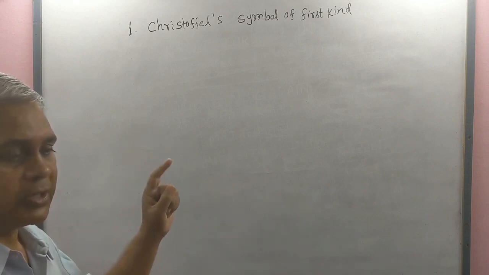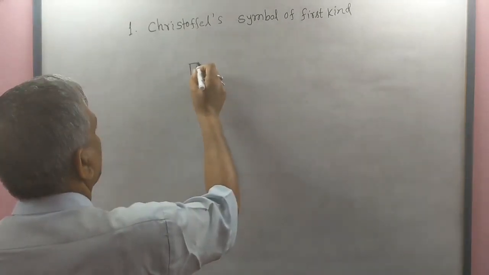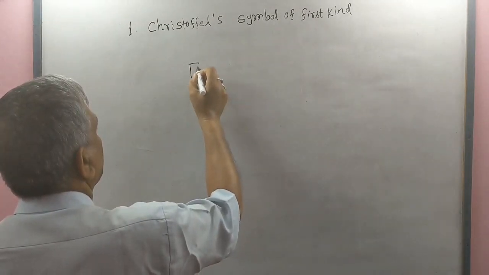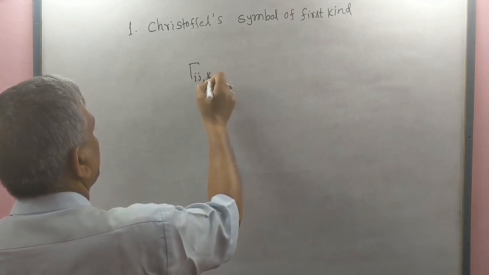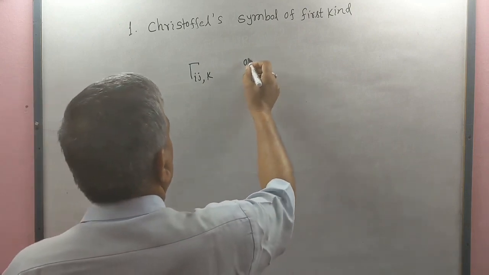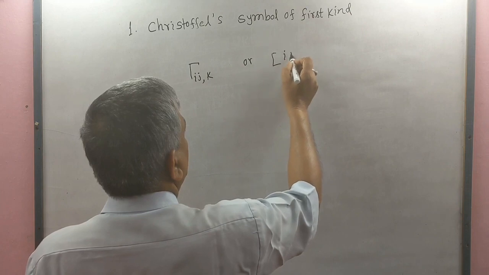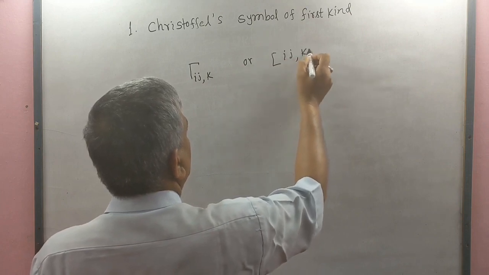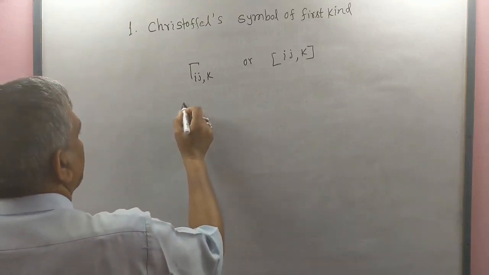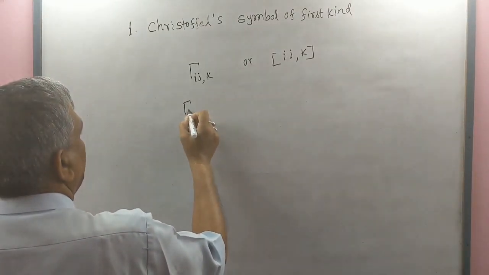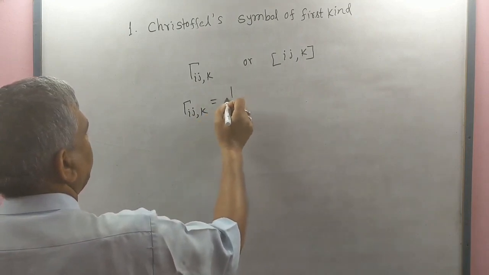Christoffel symbol of first kind is denoted by the symbol gamma ij, comma k, or in another way [ij, k], and defined by gamma ijk equal to half.